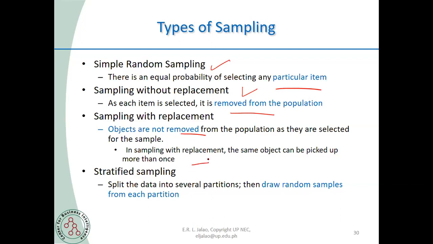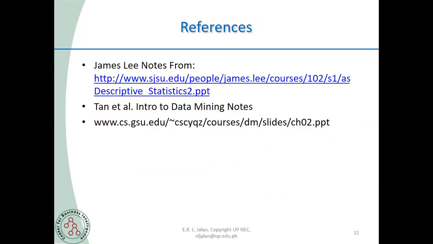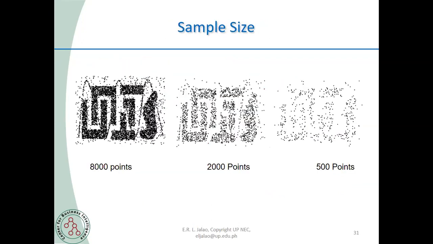And stratified, split the data into several partitions, then draw random samples. So it has random, or it has partitions. Pero kung titignan natin, kapag mas marami yung sampling natin, mas accurate yung magiging output natin.